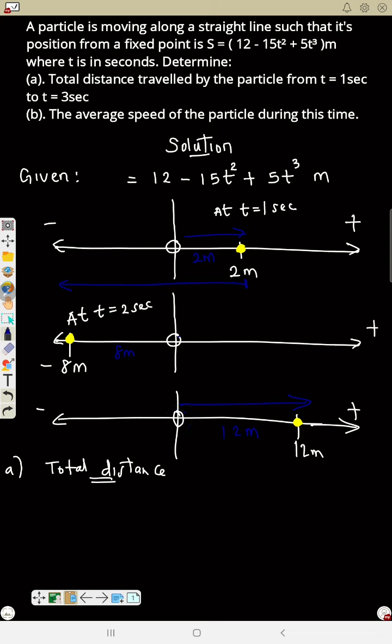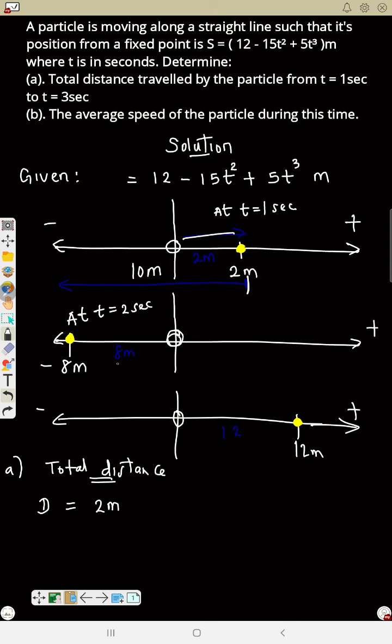So now what is the total distance traveled by this particle? So total distance traveled will be, so we'll start from here. From here to here, the particle covers, so I'm using D for distance, 2 meter. So that is from here to here is at position 2 meter. Now from here back to this place, it has covered 10 meter. Take note.